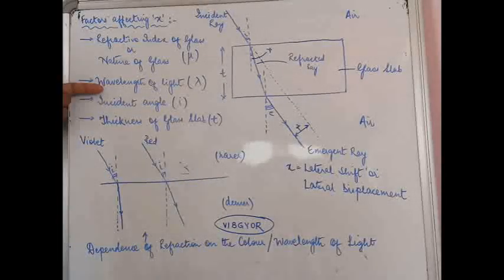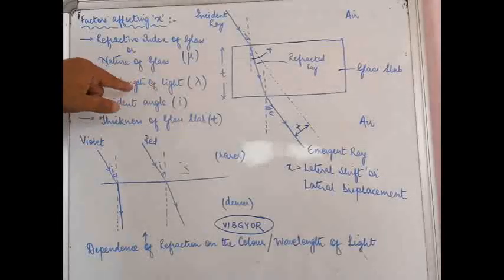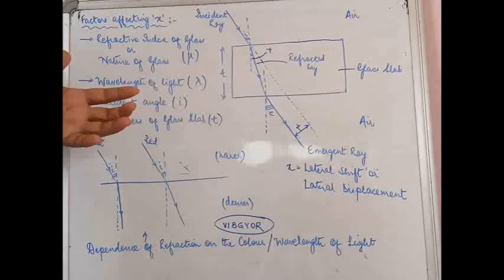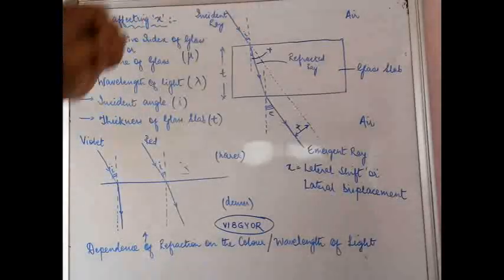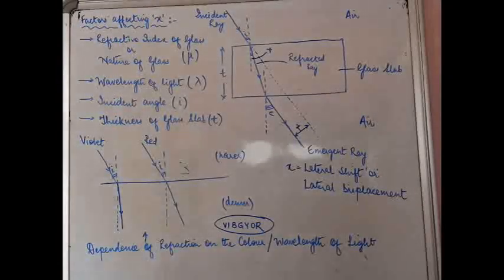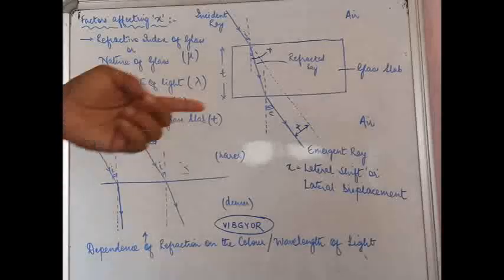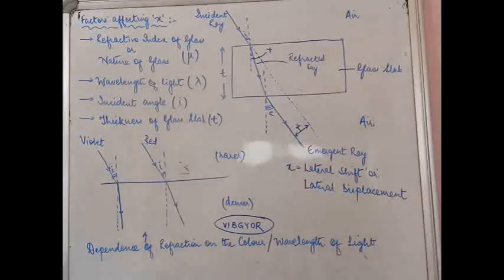The second factor is the wavelength of light. We are going to discuss this point in detail in a short while. As of now, understand that the wavelength of light is associated with the color of the light. As we keep sending different colors of light, we observe that the value of x changes. How it changes, I am going to explain in a short while.